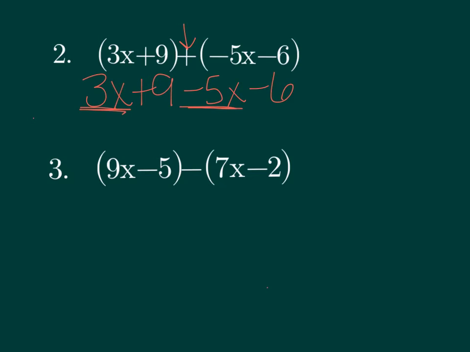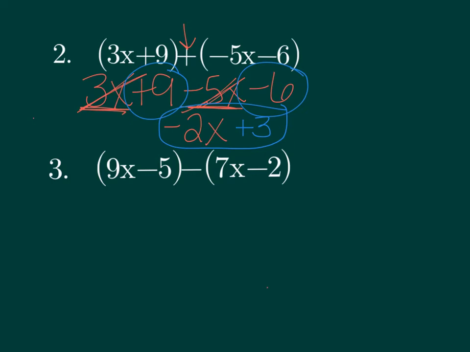Remember, it's the sign in front of the term. So 3 minus 5 is negative 2x. Then I have a positive 9 and a negative 6. So 9 plus a negative 6, or 9 minus 6, is 3. And there's my answer, negative 2x plus 3.